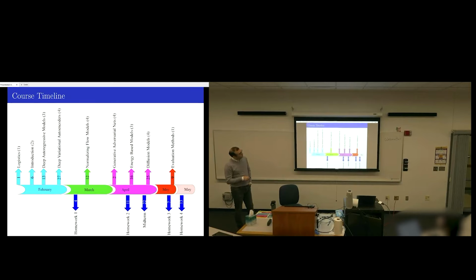These are the topics for the first homework, and the due time for the first homework is March 4th. And then we continue with normalizing flow models for 4 sessions, then generative adversarial nets for 4 sessions, energy-based models for 3 sessions, and diffusion probabilistic models for 4 sessions. And finally, in 1 session, we will talk about the evaluation methods.